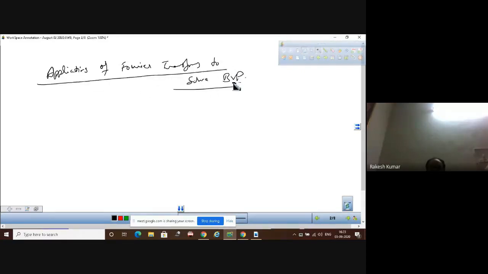So this is the application part. And boundary value problems will be the partial differential equation, whether it is the heat equation or the wave equation. These are standard equations.